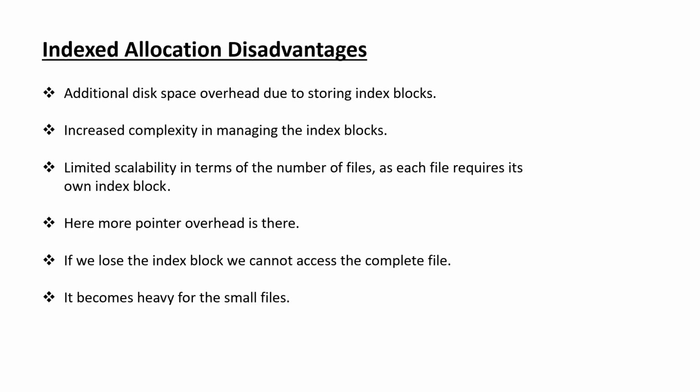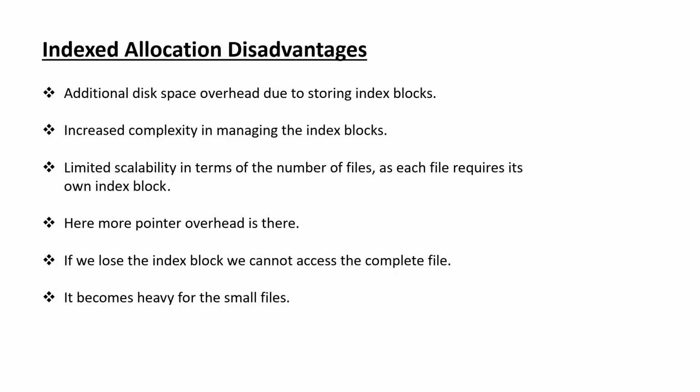Each file incurs an additional overhead for its index block, consuming extra storage space. Sequential access overhead. While random access is efficient, sequential access might involve extra steps as the system needs to follow the index structure to reach the desired block.